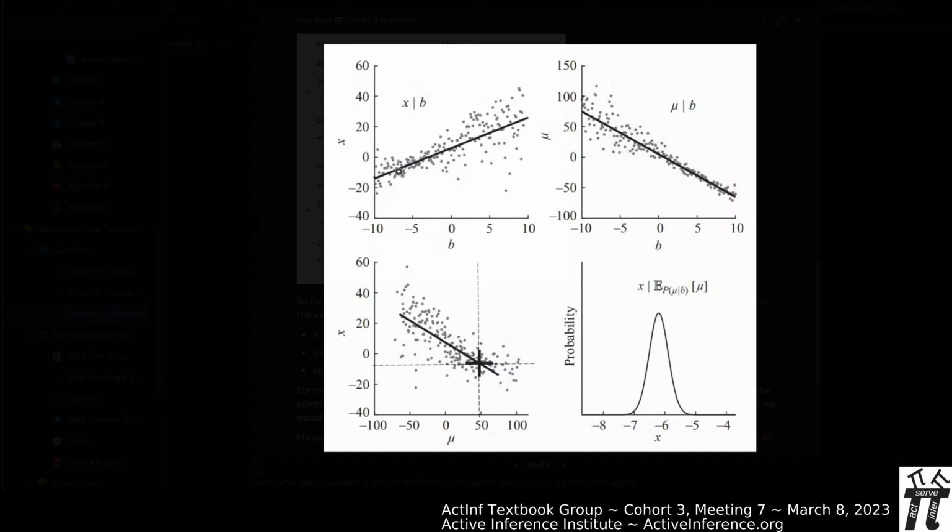Okay, so really it's sort of flowing around from top left. It's saying the average temperature outside is -6 or thereabouts. What does that correspond to in terms of B? What does that correspond to in terms of mu? And then you get the distribution from that.